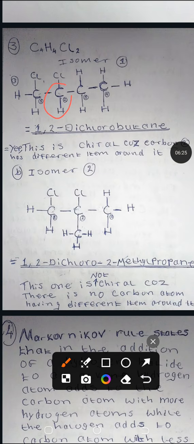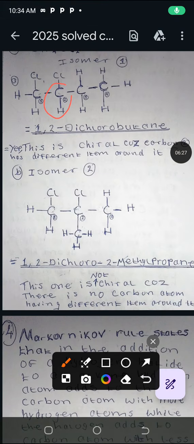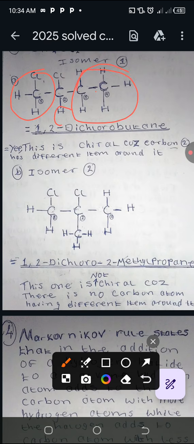When you look at the second carbon, let's try to see what it was surrounded with. The first thing that it was surrounded by was this one, right? The second thing is this, the whole structure. Then the third thing was the hydrogen here, and the fourth thing was the chlorine. Have you seen that it is surrounded by different structures?